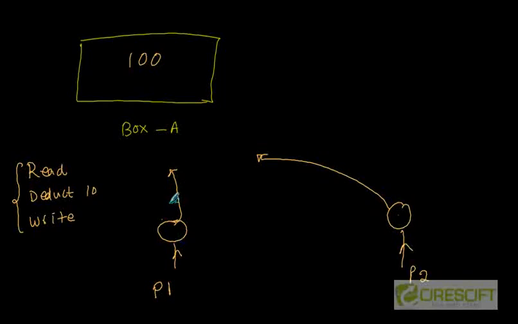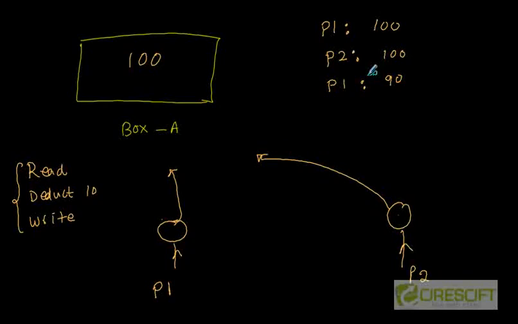Let's say P1 reaches there first, and P1 sees that the first operation is read. So P1 reads 100, and then P2 goes there and P2 also reads 100. Then P1 does the deduction step, 100 minus 10, and makes it 90.